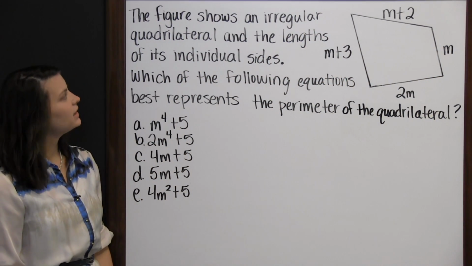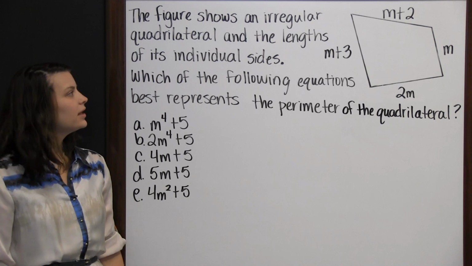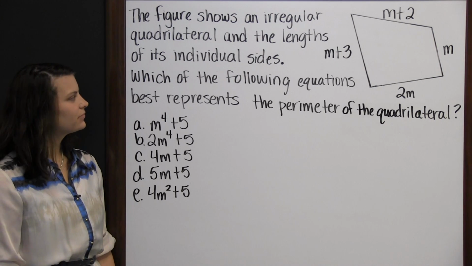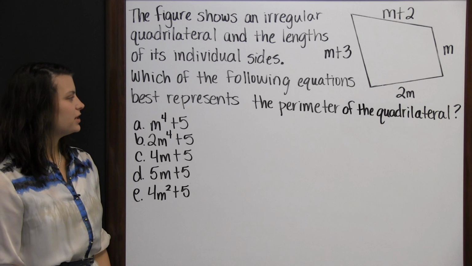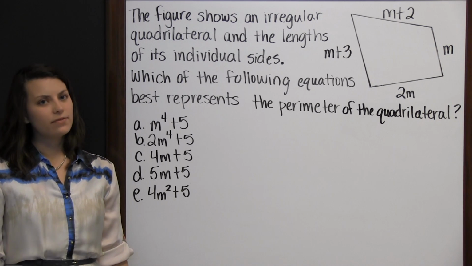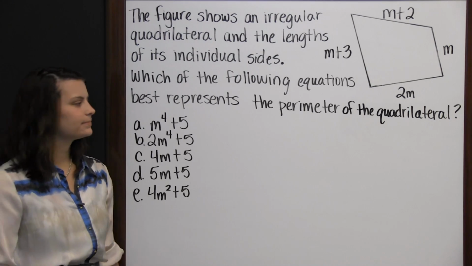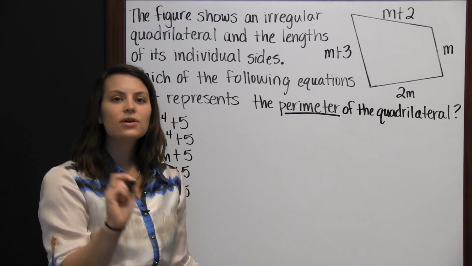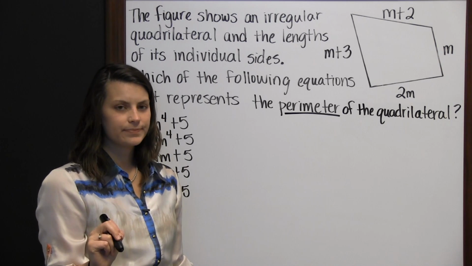The figure shows an irregular quadrilateral and the lengths of its individual sides. Which of the following equations best represents the perimeter of the quadrilateral? The perimeter is the distance around a figure.